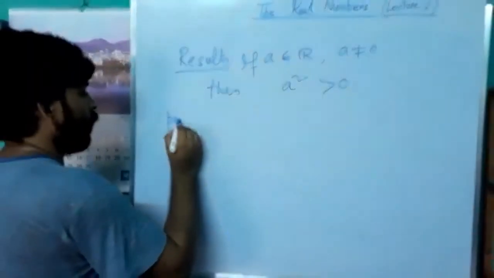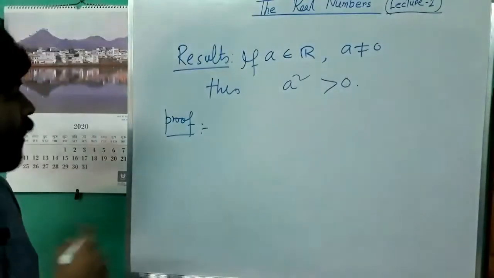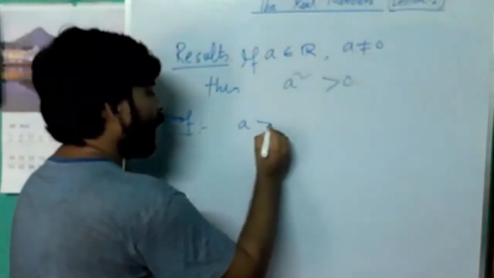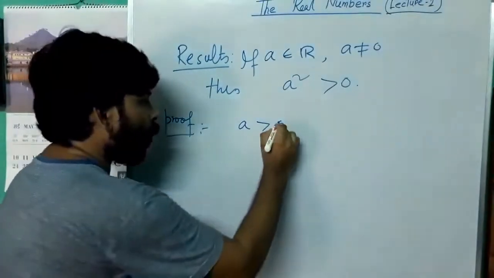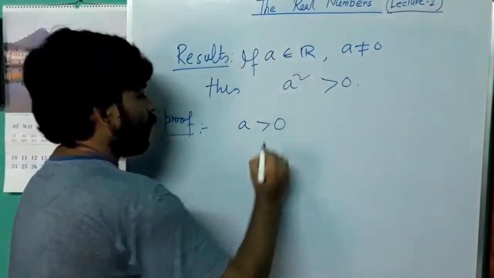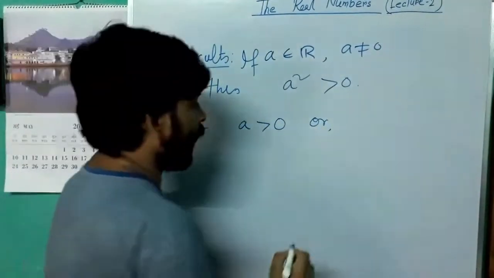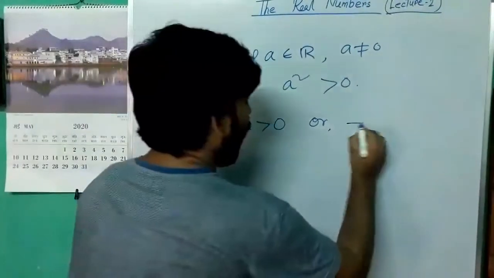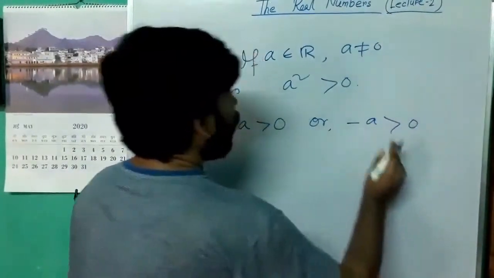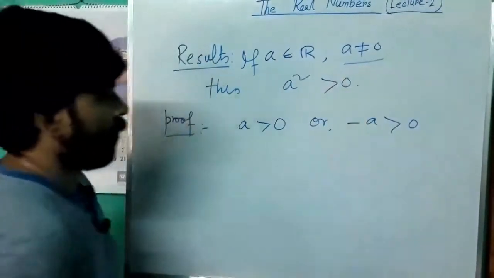Proof. So by the law of trichotomy, what can we write? Either A is strictly positive or A is strictly negative. That is, minus A is strictly positive, because given that A is non-zero.